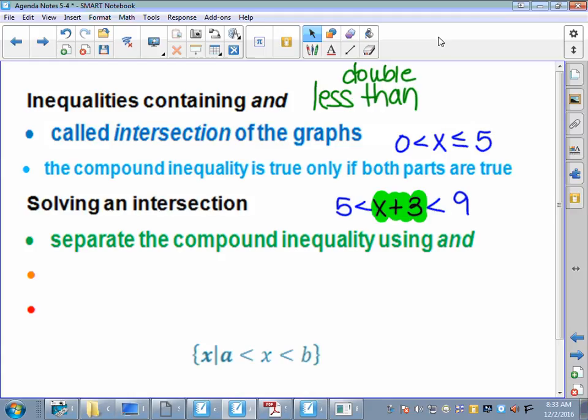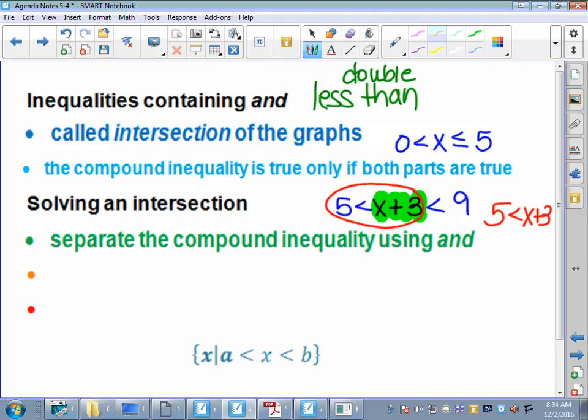When I say separate it, I'm going to use the 5 is less than x plus 3. And then I'm going to use the x plus 3 is less than 9. So I use these less thans as my breaking point. So I use the first two parts as one inequality. I use the second two parts as the other inequality.